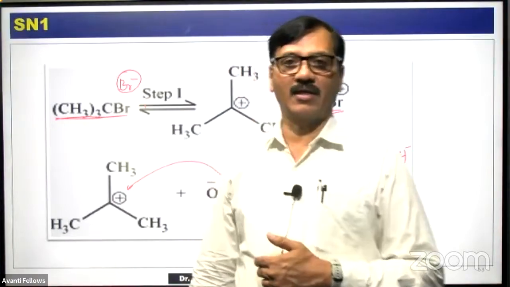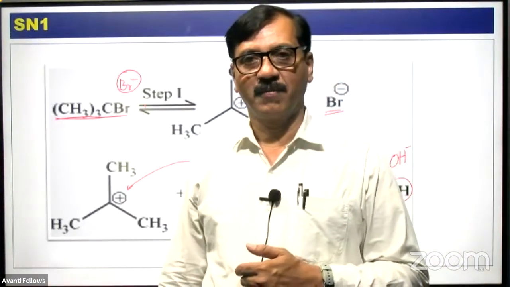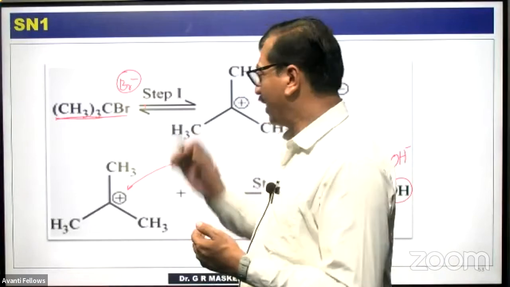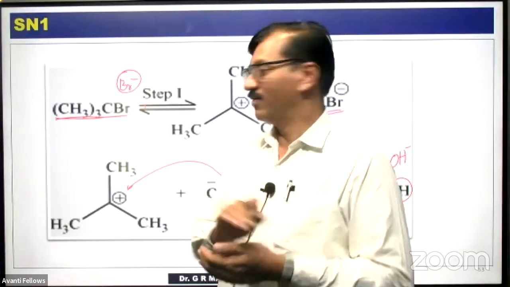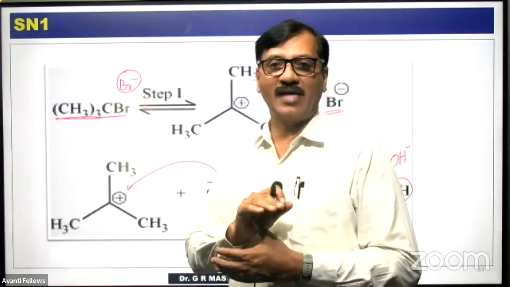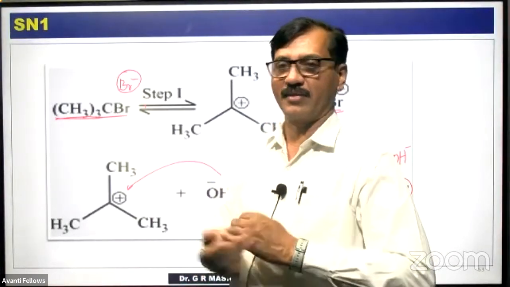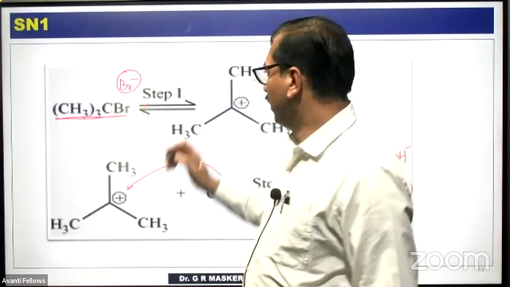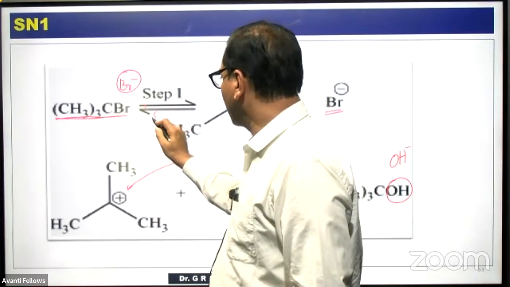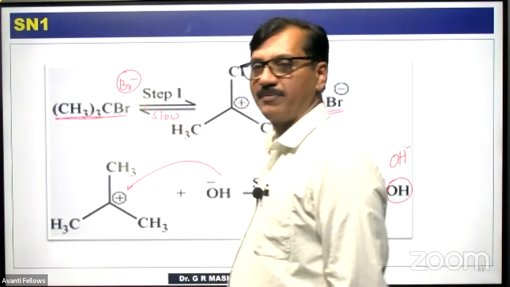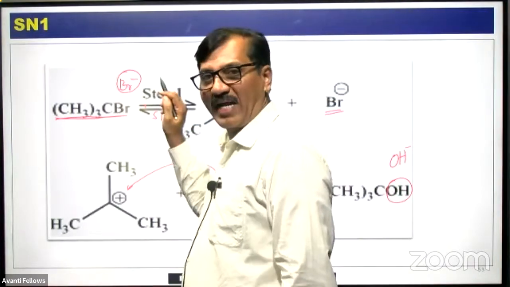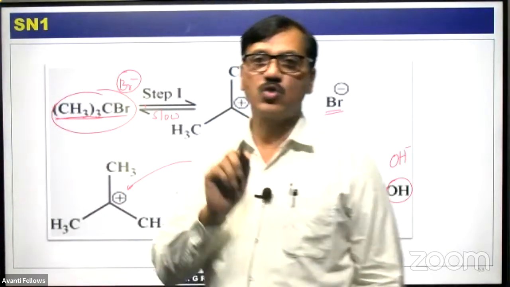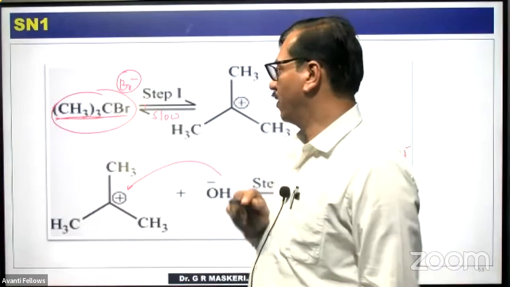I have studied in chemical kinetics that if the reaction which takes place slowly is one of the steps of a multi-step reaction, then the slow step determines the rate of the reaction. This formation of carbocation is a slow step, very important. And in this slow step or rate determining step, only one substrate is involved. Therefore, it is unimolecular, right?